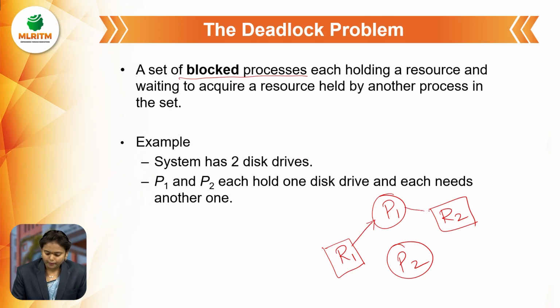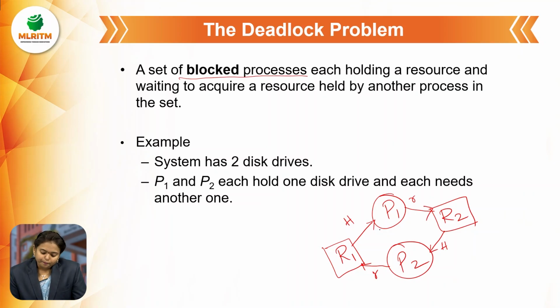Here process P1 is holding the resource type R1 and it is requesting the resource type R2. At the same time, process P2 is holding the resource type R2 and it is also requesting resource type R1.